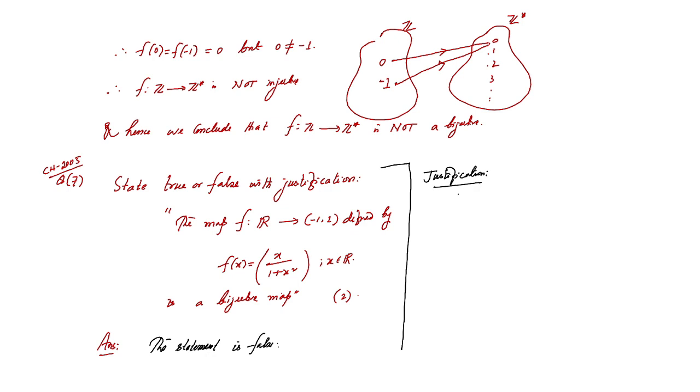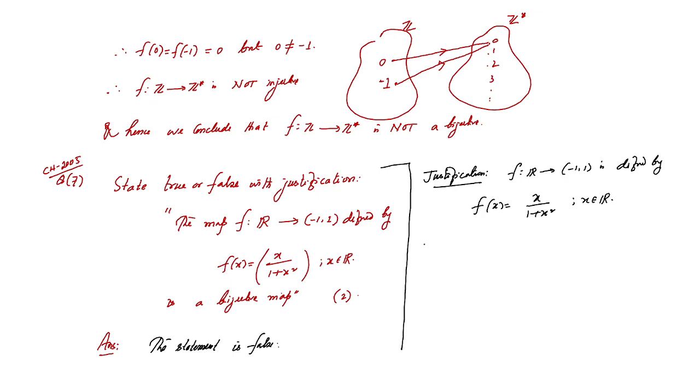The statement is false, that means here f is not bijective. Here the map f: R to (-1, 1) is defined by f(x) = x/(1 + x²) where x belongs to R.